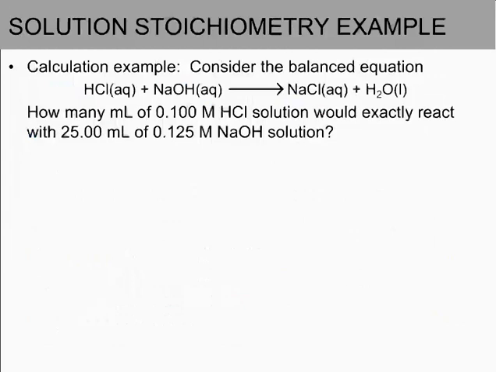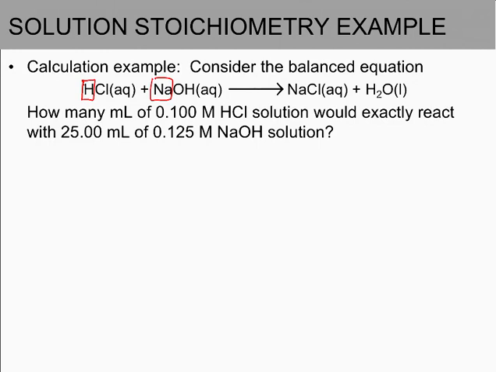So this is actually a double replacement reaction, because we're going to switch around the hydrogen and the sodium to give us our products. In this problem, we want to determine how many milliliters of 0.1 molar hydrochloric acid solution would exactly react with 25 milliliters of 0.125 molar sodium hydroxide solution.